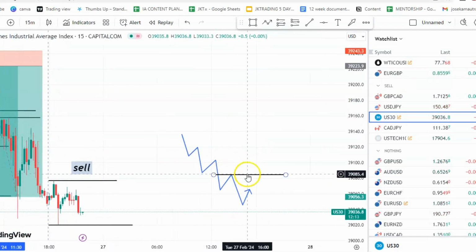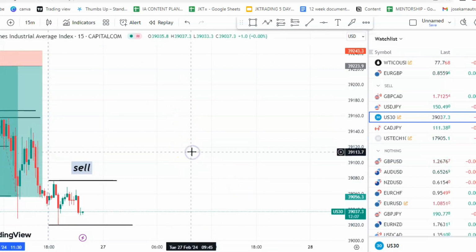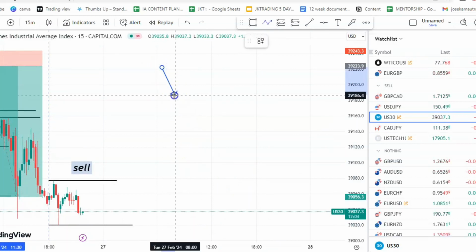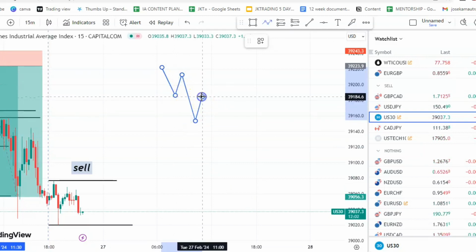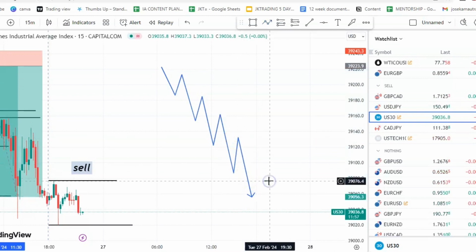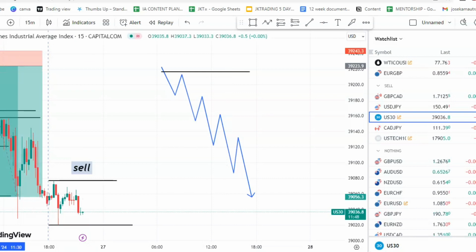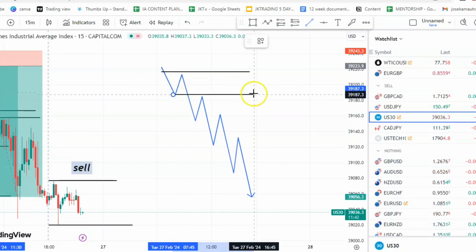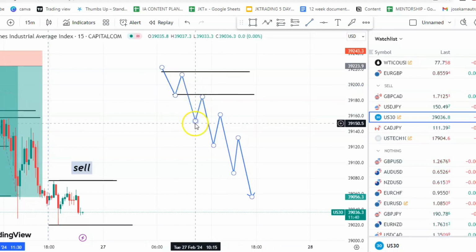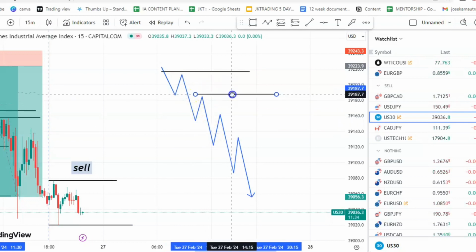So if we look at our example here, when we are selling, we are expecting price to continue making lower lows, lower lows, lower lows, back to the low of the day. So if, say for example, this line is the entry, then every time price breaks out and creates a new higher high and breaks out again, we move our stops above that high.